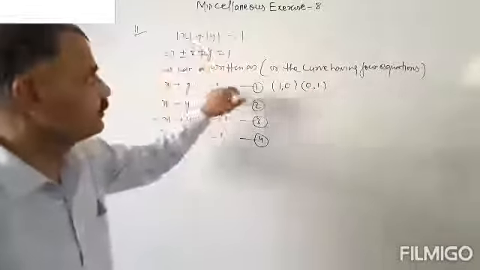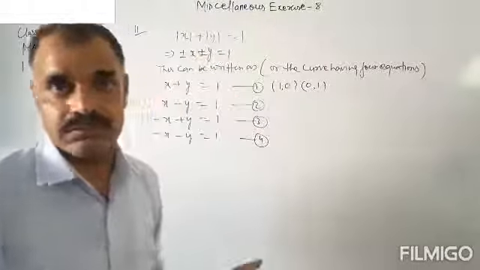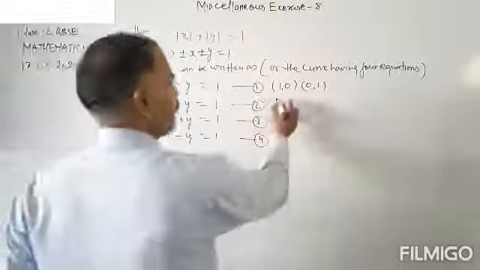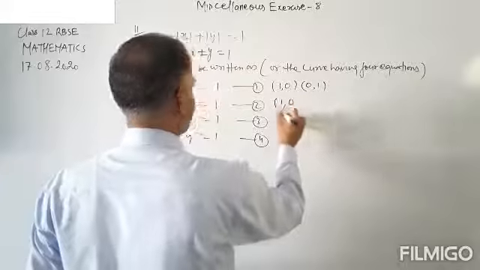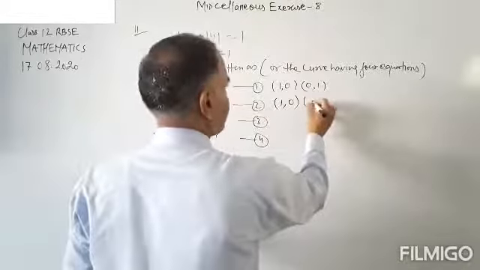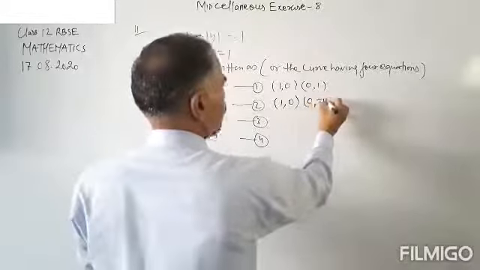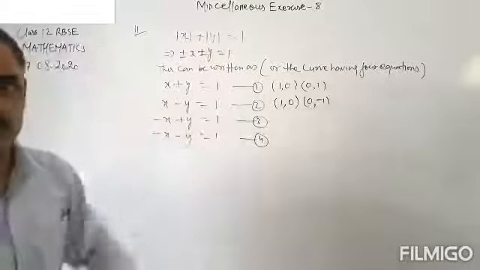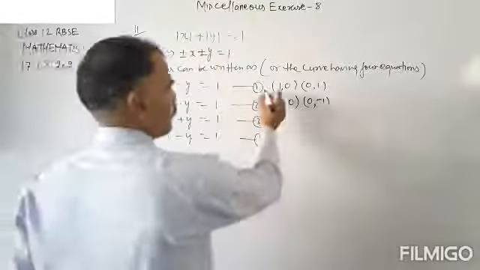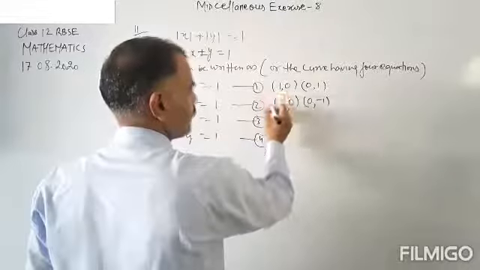This equation has 2 solutions, (1, 0) and (0, 1). Similarly, if y equals 0, x equals 1, and x equals 0, y equals minus 1. This equation has 2 solutions.